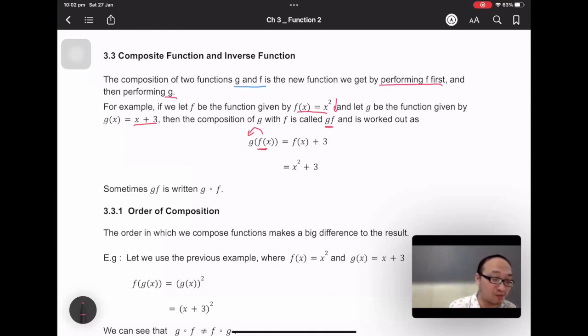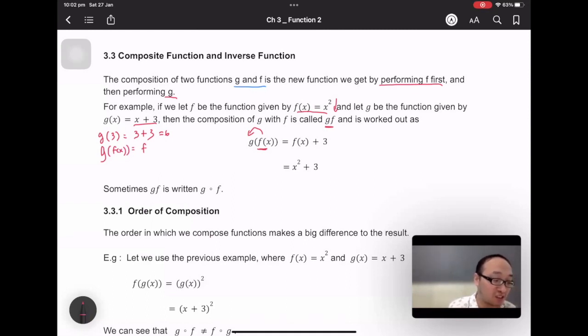So for g, for example, I have g of 3. That means I replace x with 3, so it's equal to 6. Now if I have g of f(x), that means I replace x by f(x).